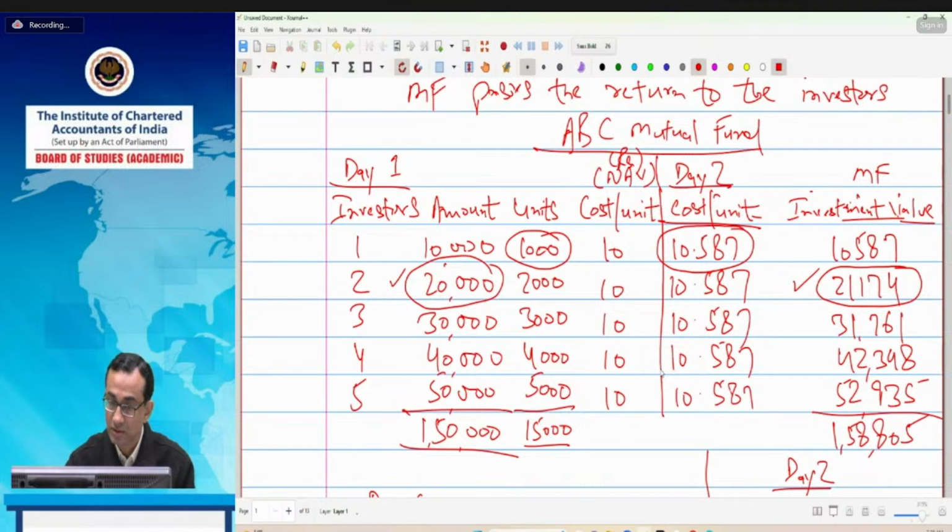So how do we proceed? Let us say ABC mutual fund was formed and it collected money from five investors. Cost per unit means the unit cost at which the mutual fund investor will purchase from the ABC mutual fund. It is fixed at 10 rupees per unit. And then the total amount collected is 1,50,000.